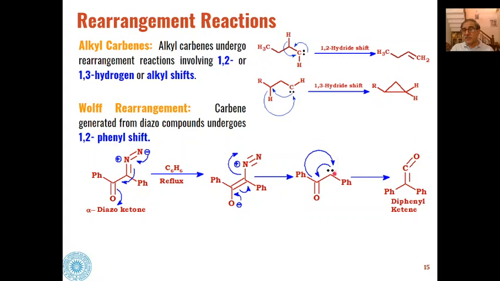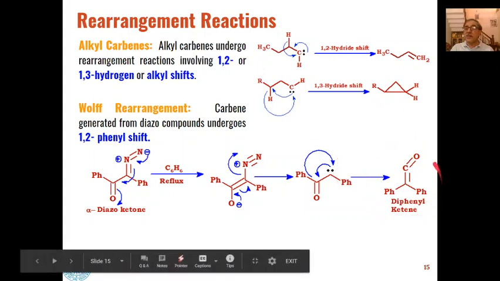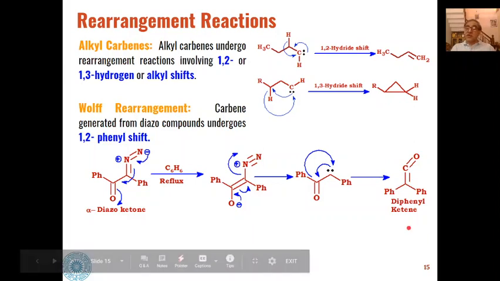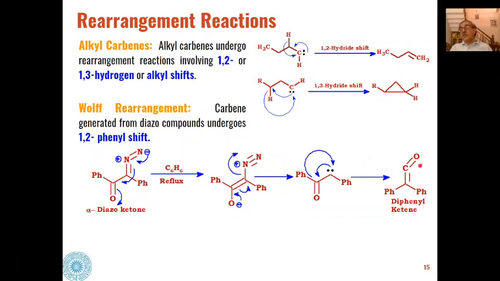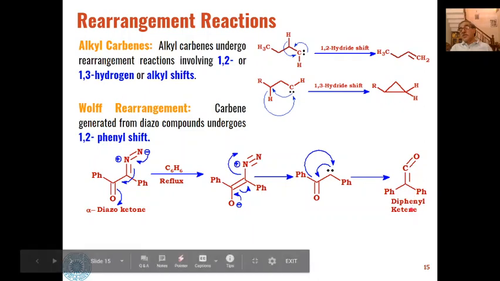This phenyl is shifted to this place, and we will get diphenyl ketenes as the product. And these ketenes, we know they are very useful in organic synthesis, that they can interact with many types of nucleophiles or some other reagents to give us different types of organic products, which are very important for organic synthesis.